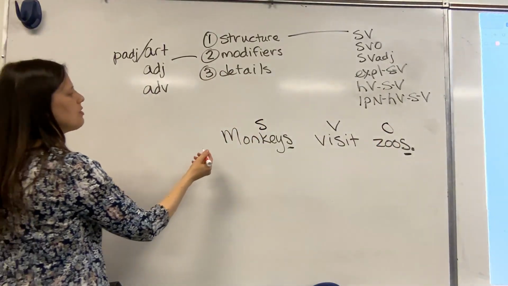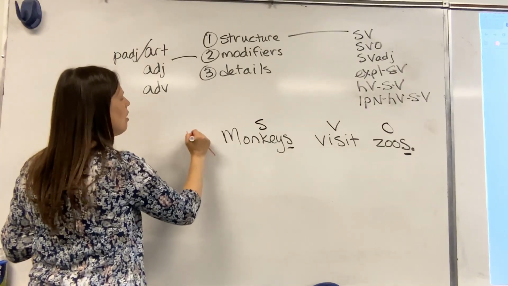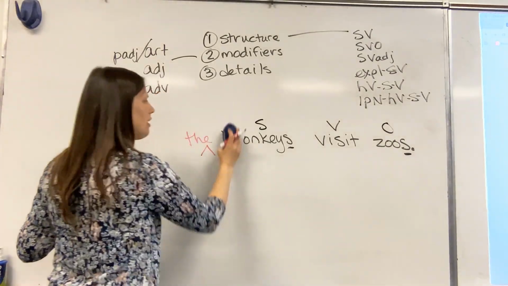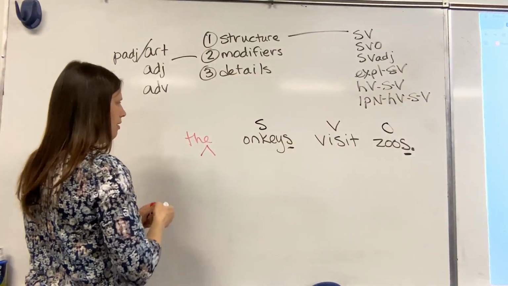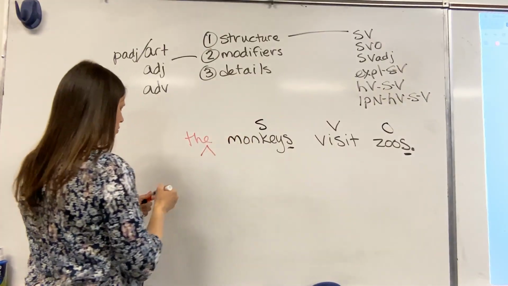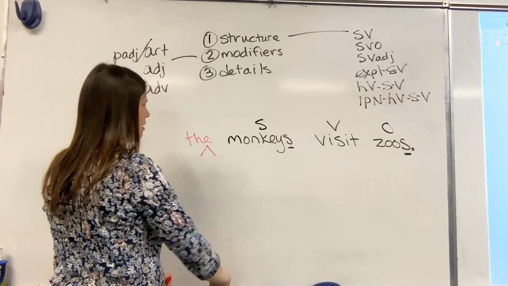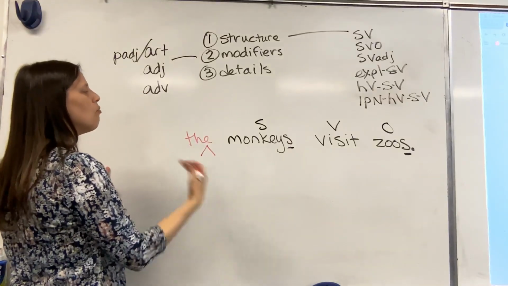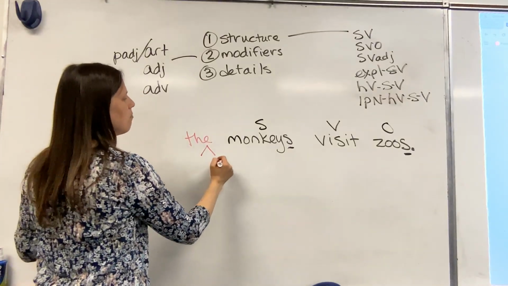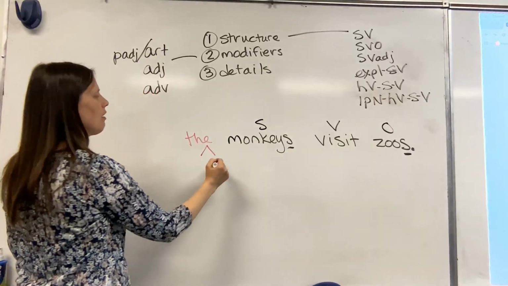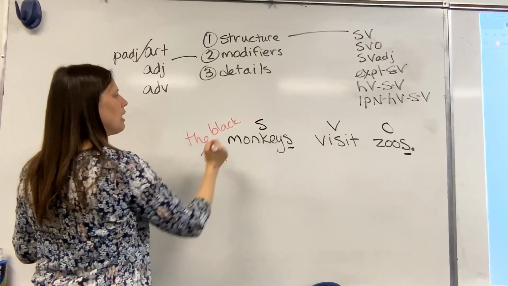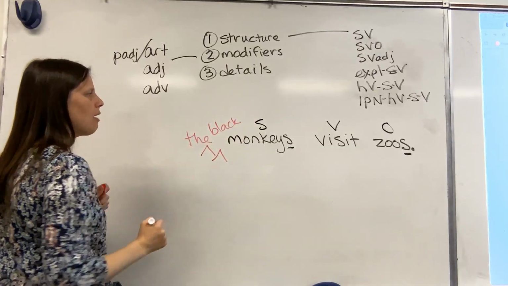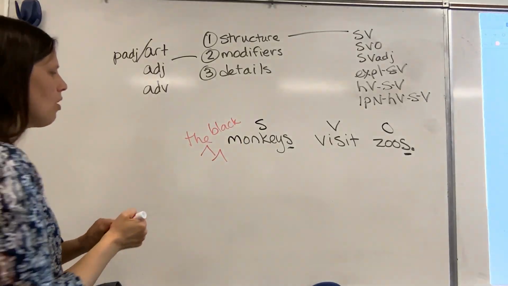Adding the modifiers, I could say the monkeys. That's fine. Then I want to have a small m because it's the middle of the sentence. Okay, so the monkeys. But if I want to give more information, then I maybe would give an adjective here. The black monkeys. The black monkeys visit zoos.